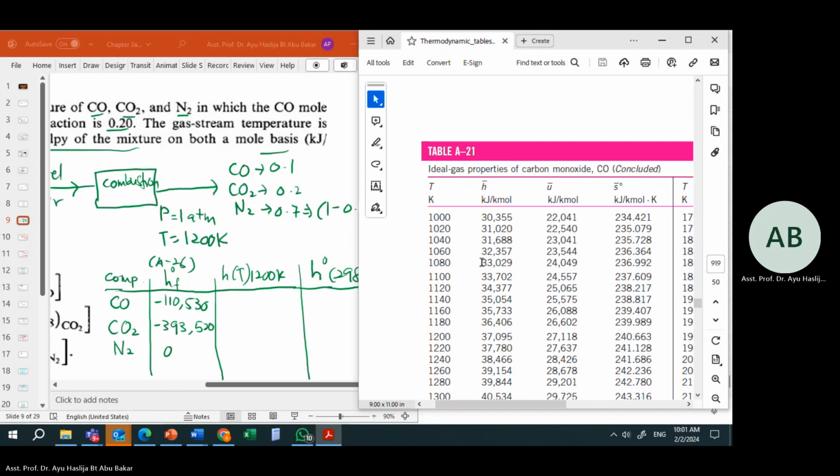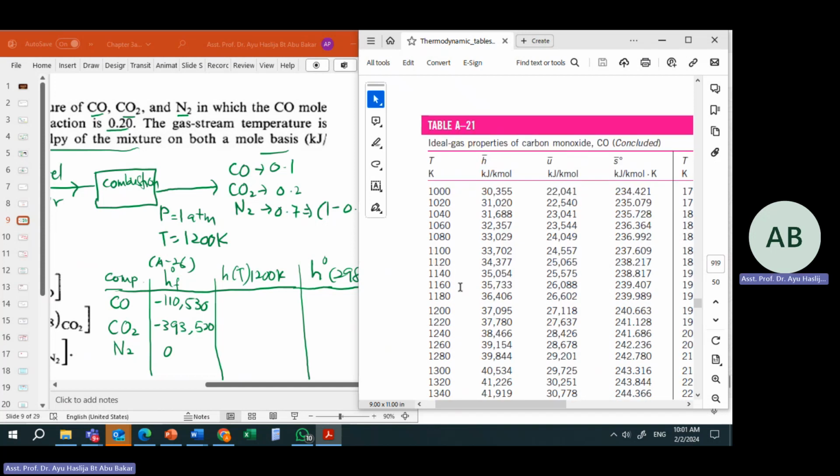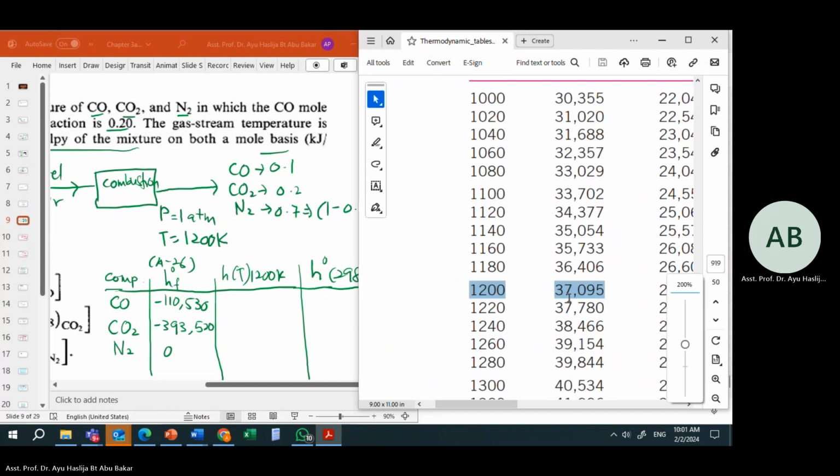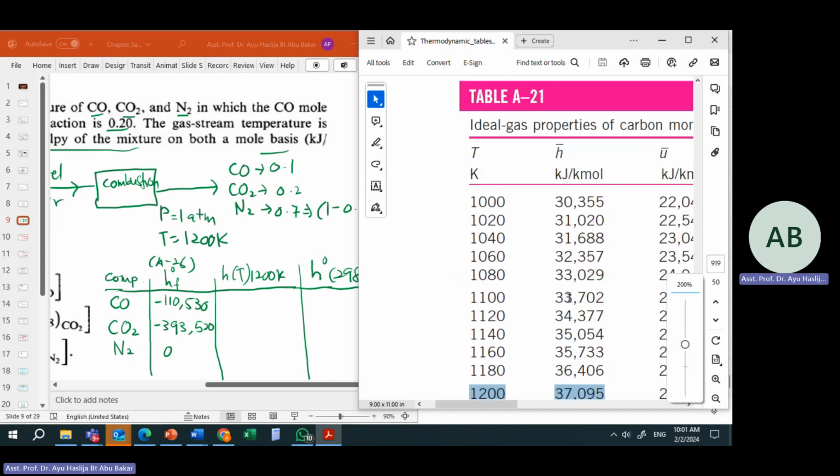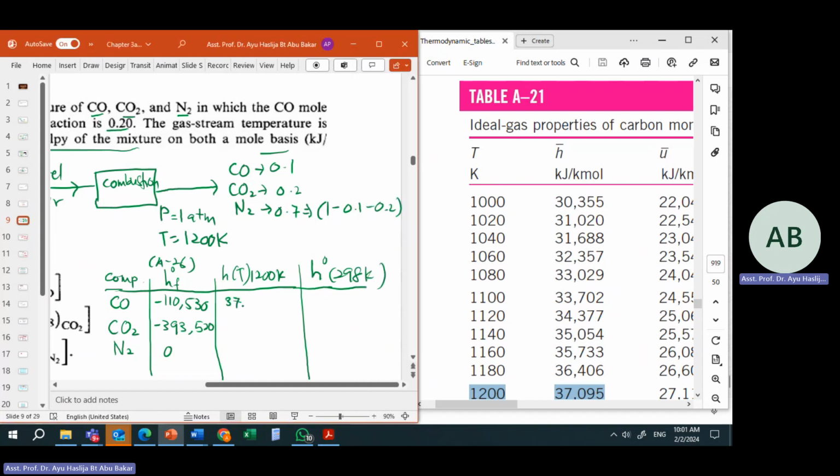A21. 120 Kelvin. Okay, so ini dia punya enthalpy. Table A21 for CO. So at 1200, the enthalpy is positive 37,095.